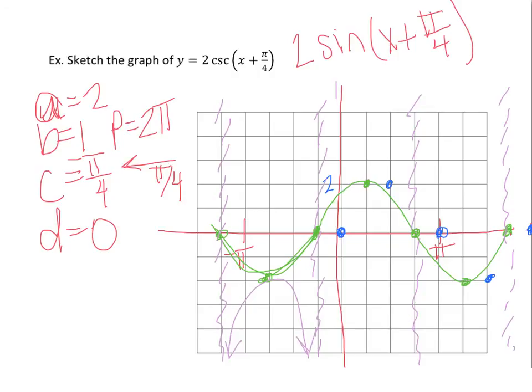Coming off a minimum, coming off of a maximum, coming off of a minimum. And that's it. Technically, if you were to look at it on a calculator or in the book, this middle line is not going to be there. But graphing by hand, which is the way we are doing it, you graph that first and then you can get your final graph.